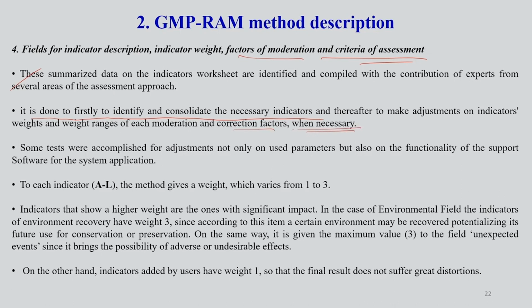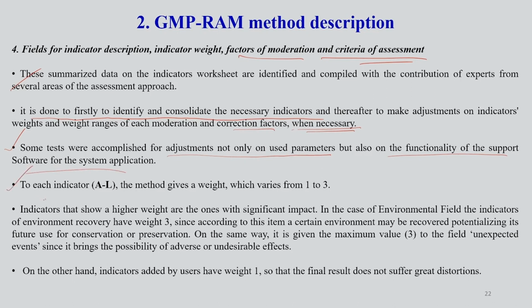So, we will give certain weights for each of these indicators and then some correction factors if it is needed. Some tests will have to be accomplished for the adjustment not only on used parameters, but also on the functionality of the support software for the system application.